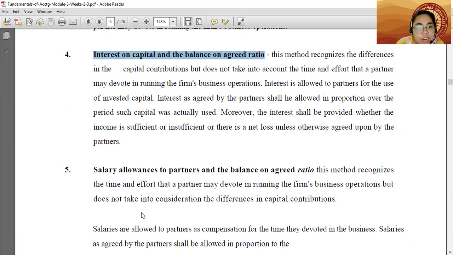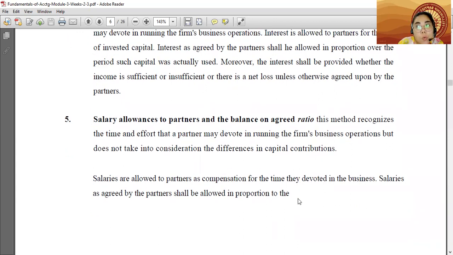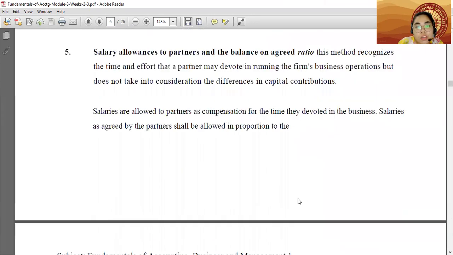Number 5, salary allowances to partners and the balance on agreed ratio. This method recognizes the time and effort that a partner may devote in running the firm's business operation, but does not take into consideration the difference in capital contribution. So only effort is considered, class, but not the capital contribution.